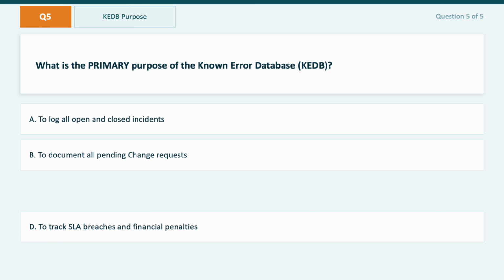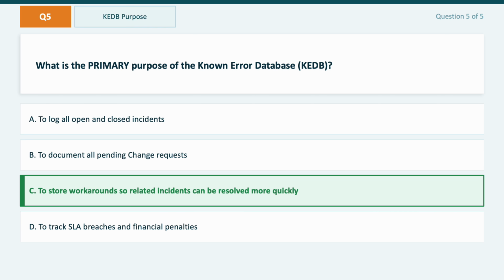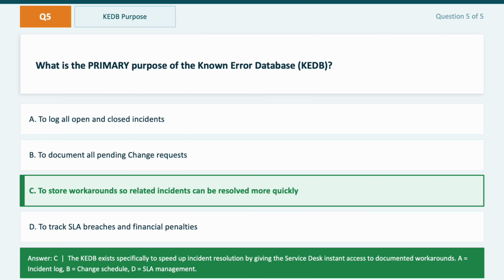Now going on to the second question. A monitoring tool detects rapidly rising disk usage and the IT team raises a problem record before any user is affected. What type of activity is this? If you read this question thoroughly, it gives you the answer also. A monitoring tool detects rapidly rising disk usage and the IT team raises a problem. So what is happening here?